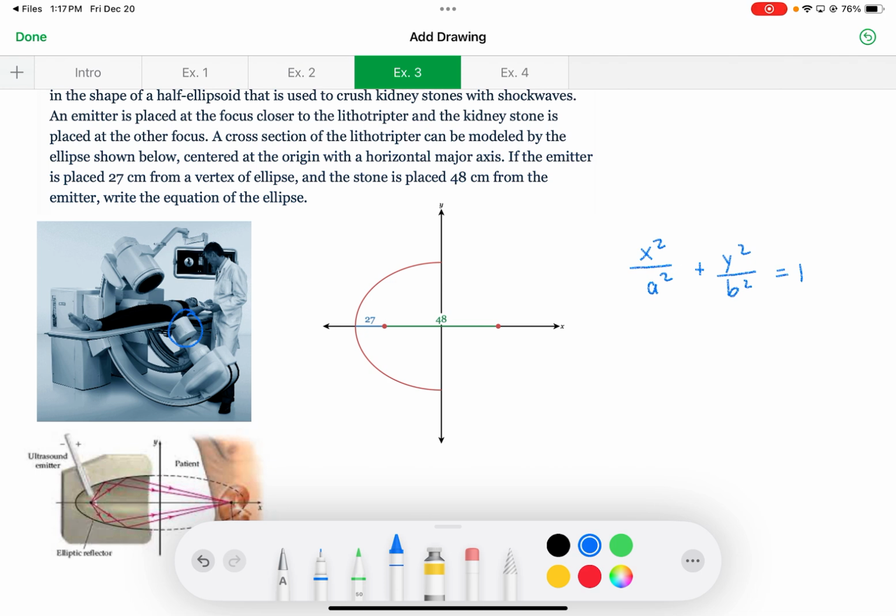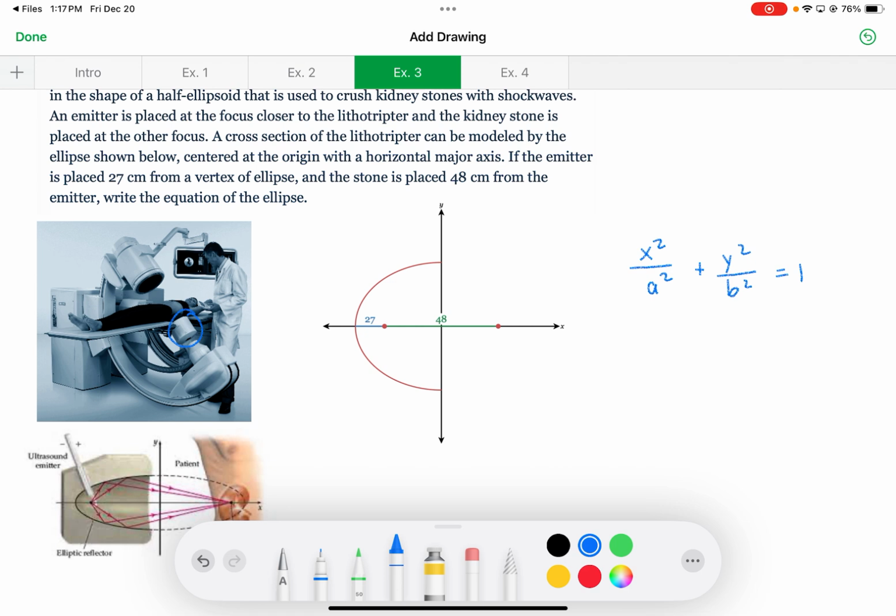Remember, for the ellipse equation, it's not important which variable is first. It's more important which denominator is bigger, right? And a is supposed to be the biggest value on an ellipse. So if we're wider than we are tall, the a squared value has to go below x squared within our equation. Okay?